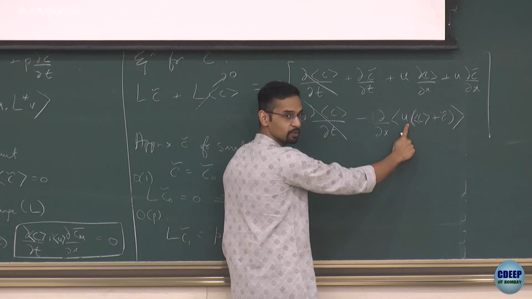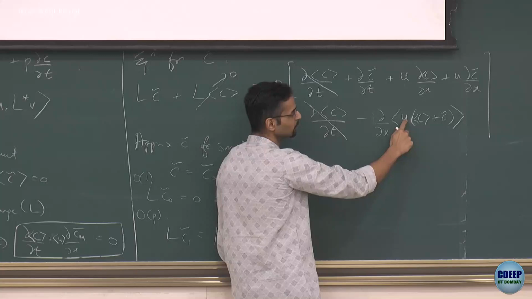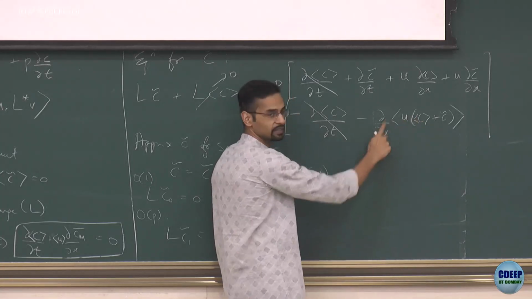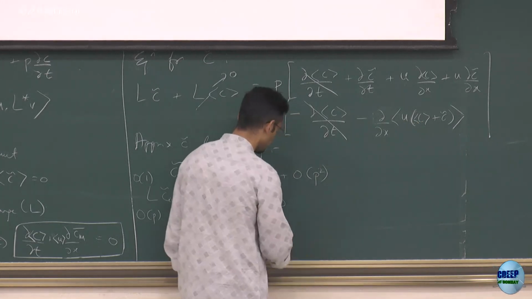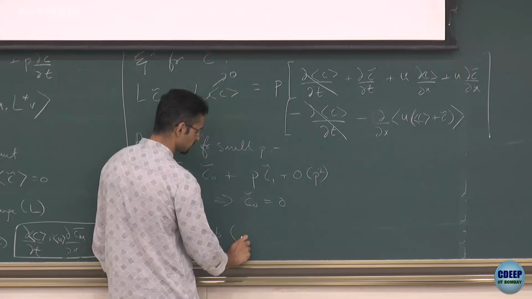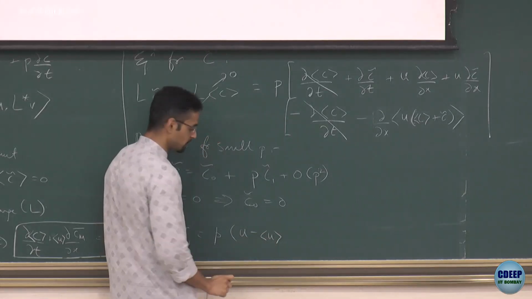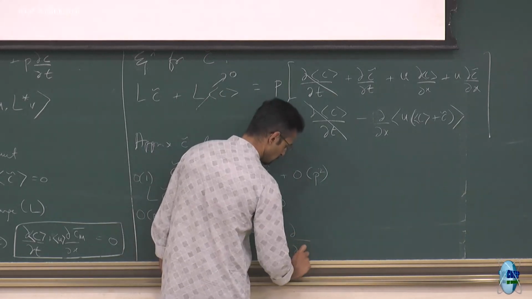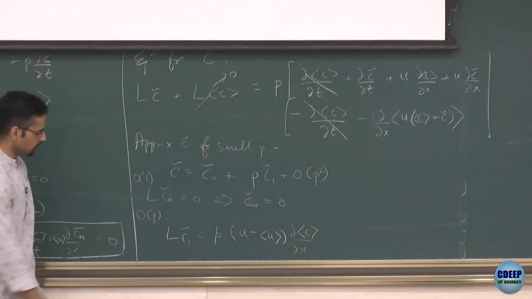This U can be written as U average plus U deviation. Right? U average part will come out. U deviation into this will just give me 0 under the average, right? Because average of U deviation is 0. Okay, so what I will get from here finally, if you work it out, is just U minus U average times dou by dou x of C. So of course there's no Peclet.